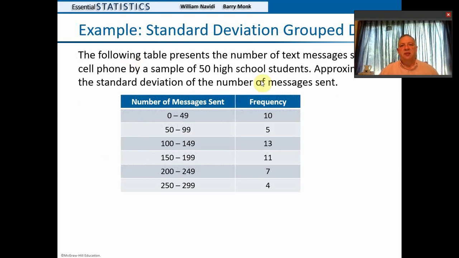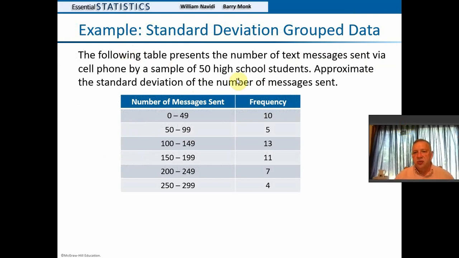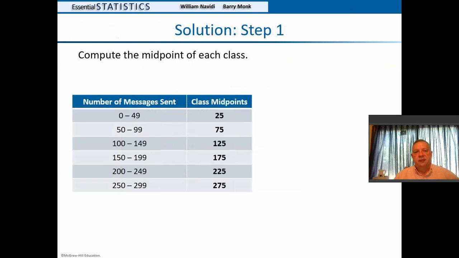So here was the following: the table presents the number of text messages sent via cell phone by a sample of 50 high school students. Approximate the standard deviation of the number of messages sent. So we're going to calculate the midpoint of each class. Here are the midpoints: 50 plus 0 divided by 2, 150 divided by 2, 250 divided by 2.